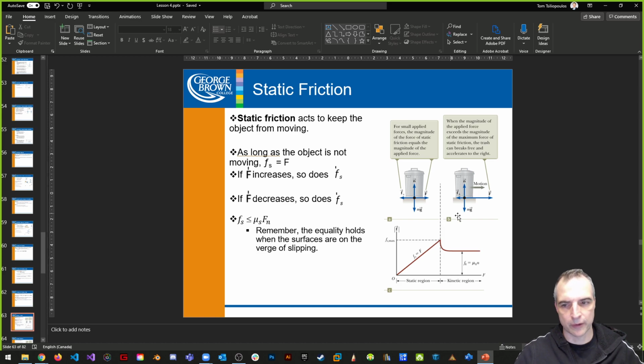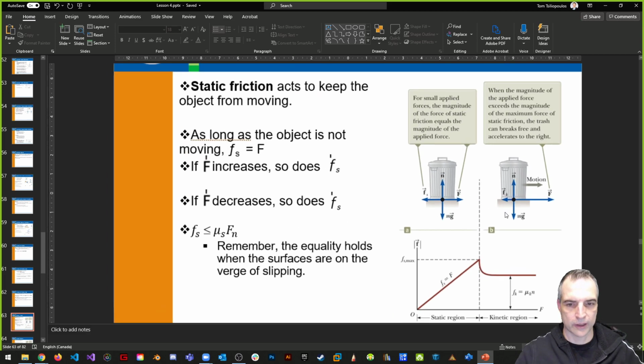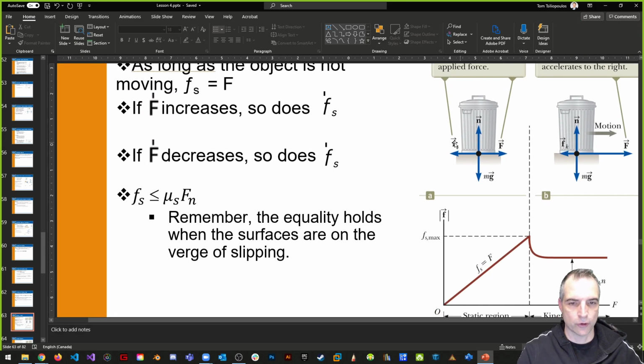So here's an example of this, right? I have a free body diagram for this little drawing, and we can see that there's two types of friction: the force of static friction and the force of kinetic friction, or motion. If I want to move an object, the force of static friction, if I'm moving in the right direction, if you look at this free body diagram, it's going to work in the opposite direction of the force that I'm applying, and it's going to be based on how much gravity I'm going to use.